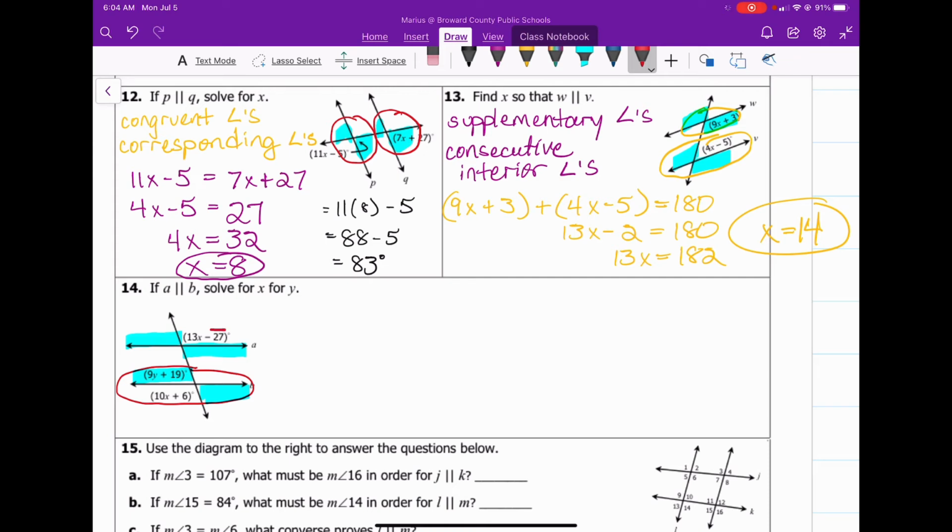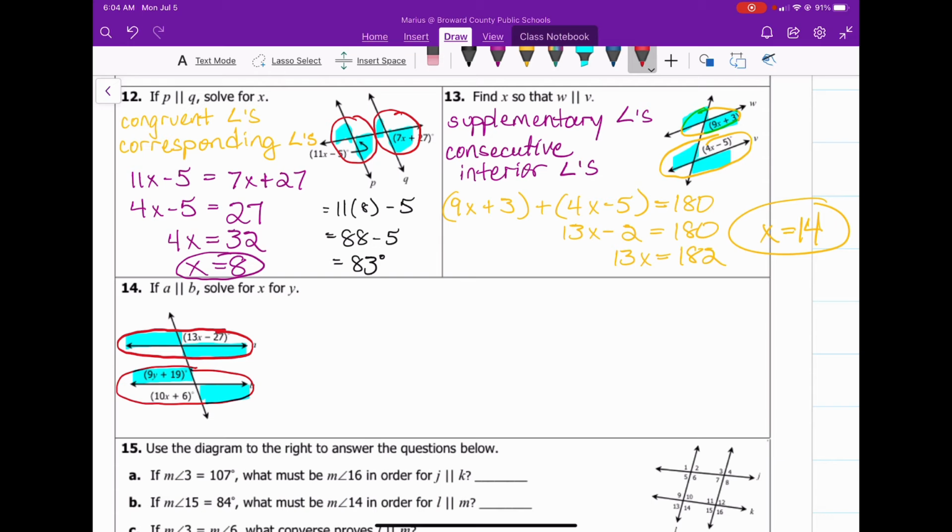So let me redo this circle because I want to make sure we can see the entire expression. All right. Now, first, we have to look at which variable we see twice, which in this case would be the x. So we have to start off by solving for x, and then we're going to use x to solve for y. All right.